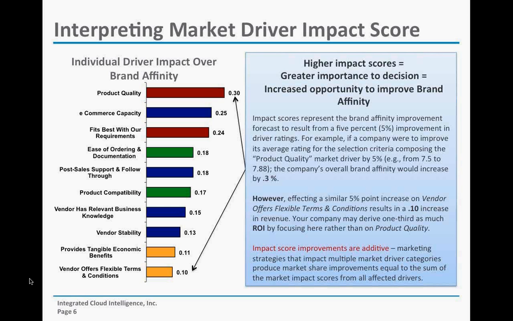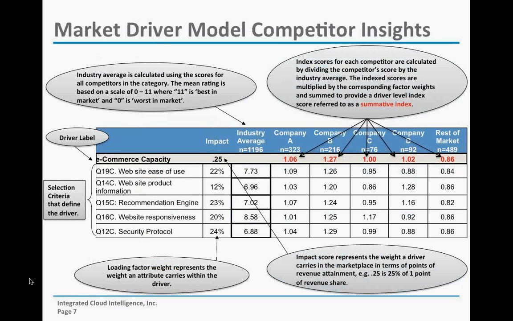This is where market drivers provides invaluable guidance. And the nice part is that that guidance is comprehensive across all the factors that influence market share. Now, when you have that kind of detailed breakdown of the factors that control brand affinity and ultimately market share, then you have a tool to get unparalleled insight into the market.